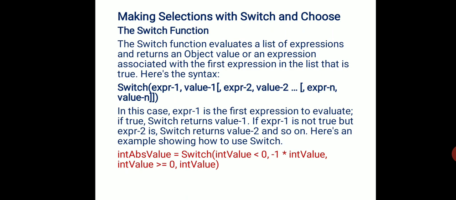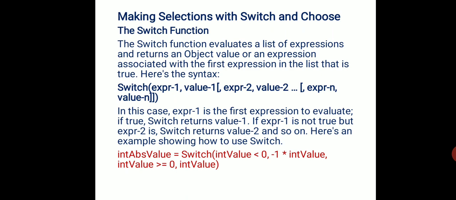Okay, switch int value less than 0. If the value is less than 0, it means it is negative, isn't it? So how to get the absolute of a negative value? That is, by multiplying the value with -1.